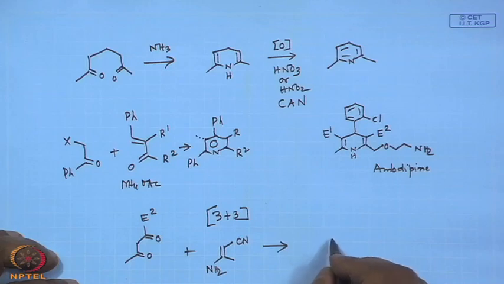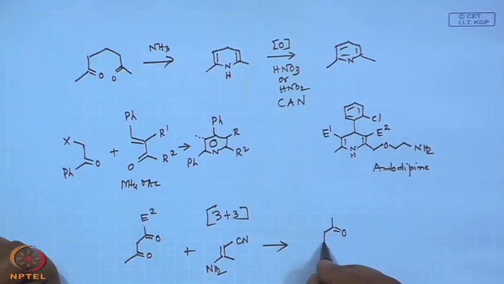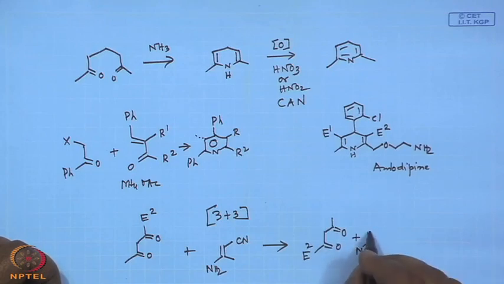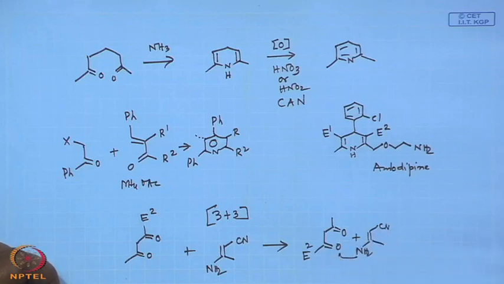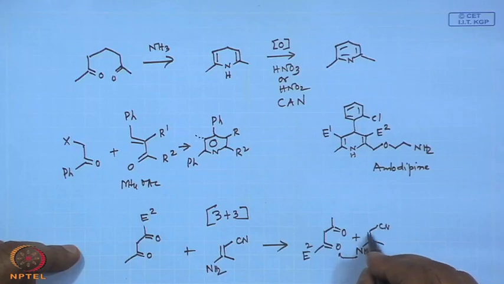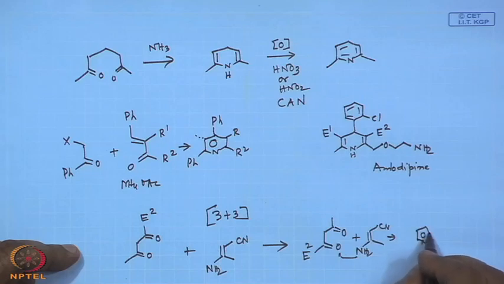So, what you have to do is just invert this. So, you react this one, and this is E2, and E2 would be reacting with this NH2, and this is CN and this C, that means this would be condensing first here, right, and then via enamine reactivity eventually you will be getting this E2 here and this.